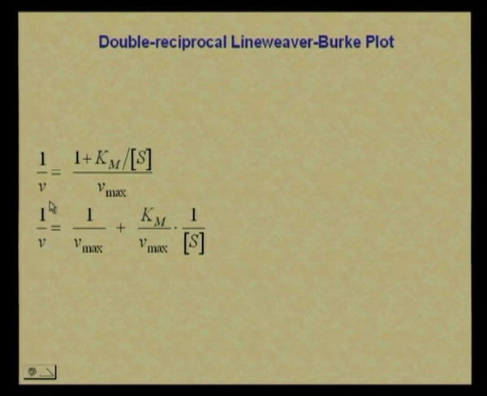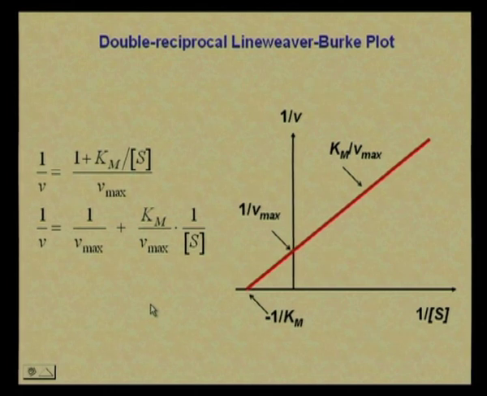So, what do we have? We have 1 by V equals 1 by Vmax plus Km by Vmax times 1 by S. What am I plotting? 1 by V on the y axis, 1 by S on the x axis, and what do I get as the intercept? 1 by Vmax. What is my slope? Km by Vmax.